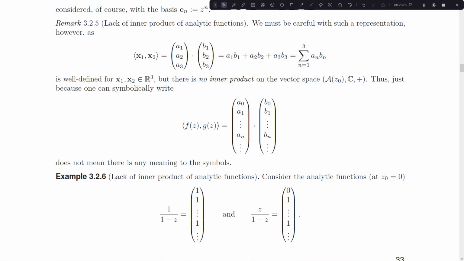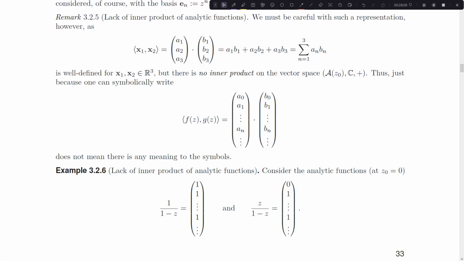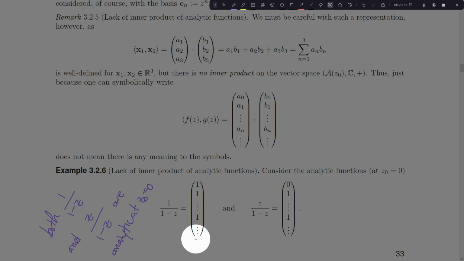If I scroll down, I look at two analytic functions, 1 over 1 minus z and z over 1 minus z, which are both analytic at z naught equals 0. Because of that, I have a vector representation of both of these functions. In the first case, it's the vector of all ones.